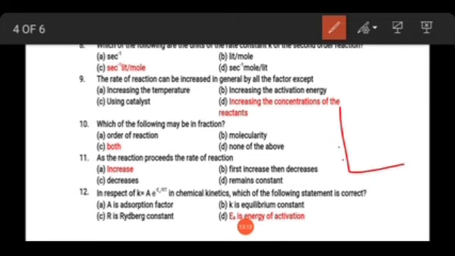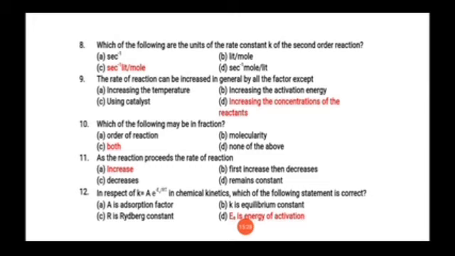Concentration of reactant always decreases, and concentration of product always increases. Okay, so whenever the reaction proceeds, the rate of reaction always increases. So the correct answer is option A, increases.